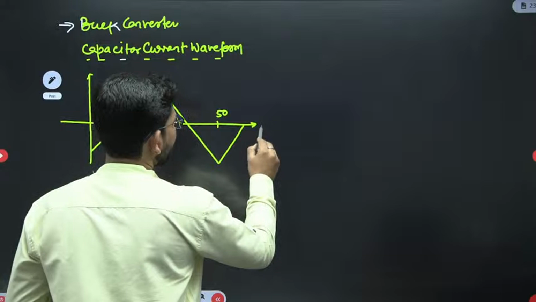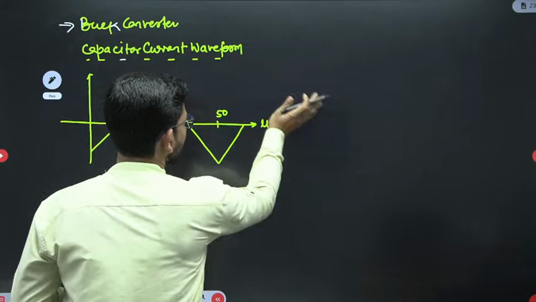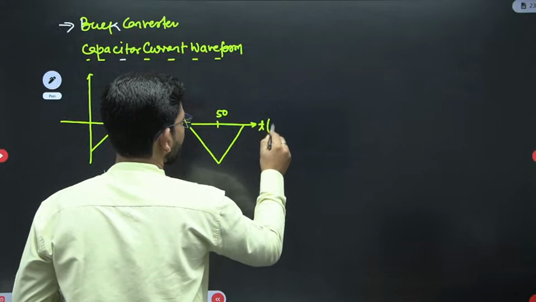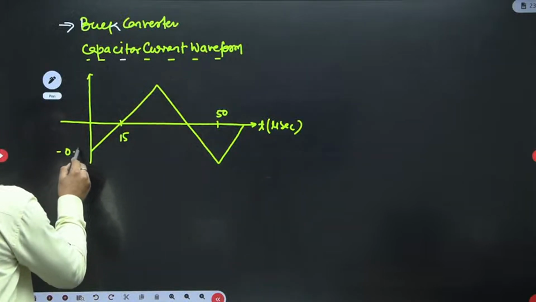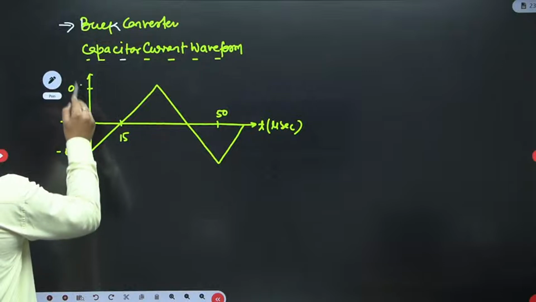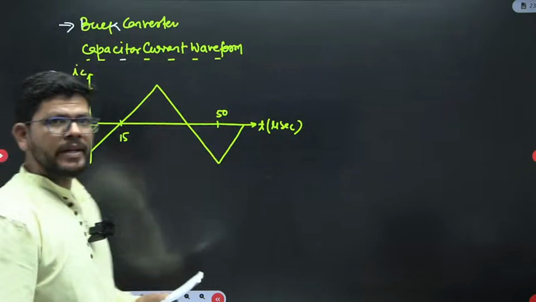The time is in microseconds, and these values were 0.1 to 0.1. This is the capacitor current waveform given, right?